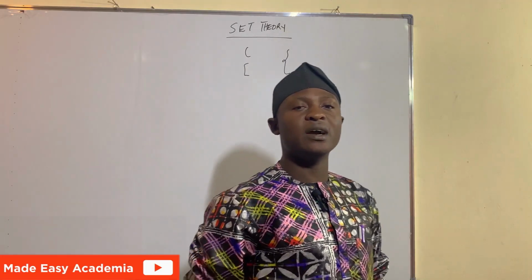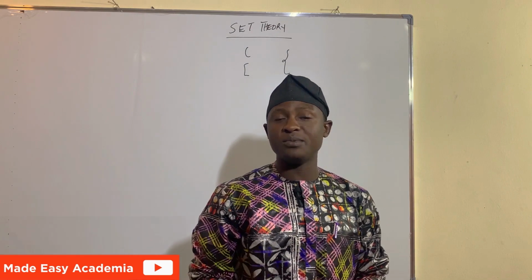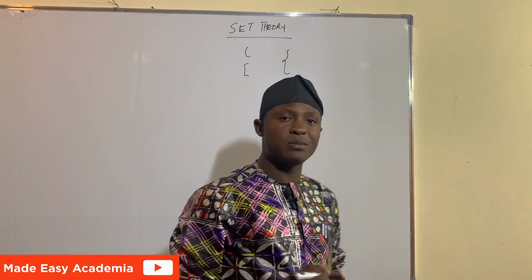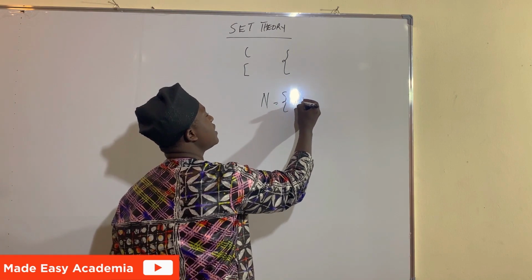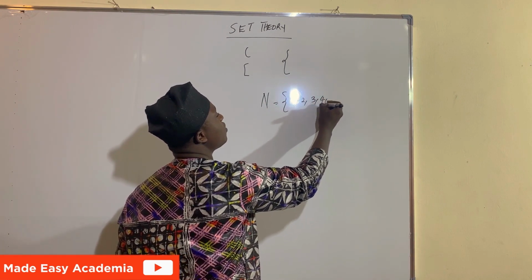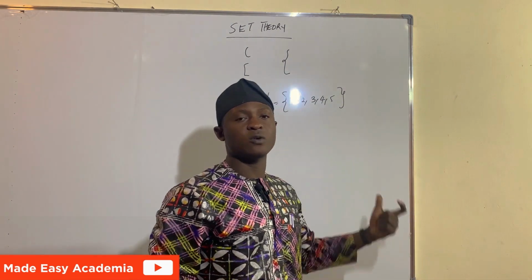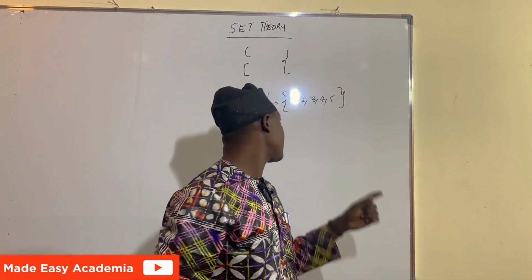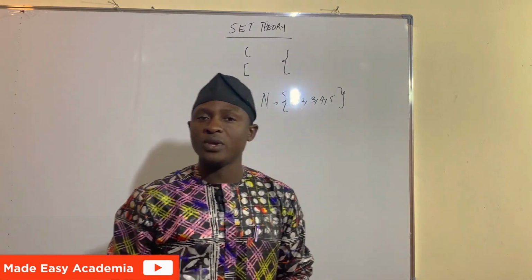As I said earlier, a set is a collection of well-defined objects. It can be anything, it can be an item. For example, let me give an example in natural numbers. Let's say we have 1, 2, 3, 4, and 5. Here we have a set of numbers that comprises natural numbers 1, 2, 3, 4, and 5.